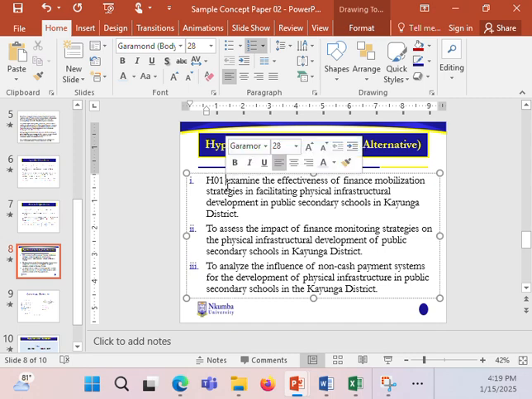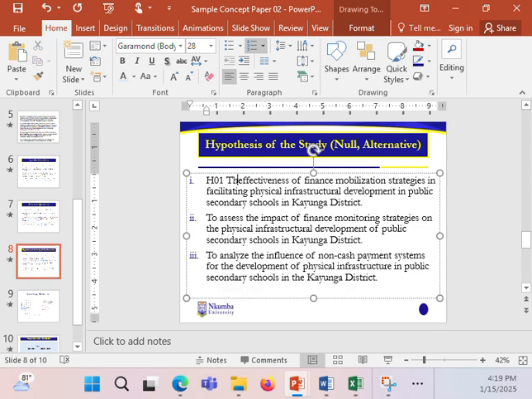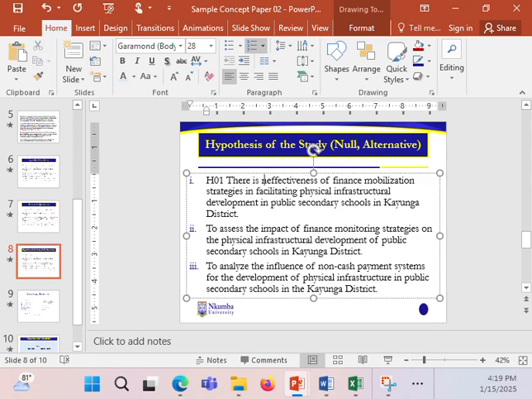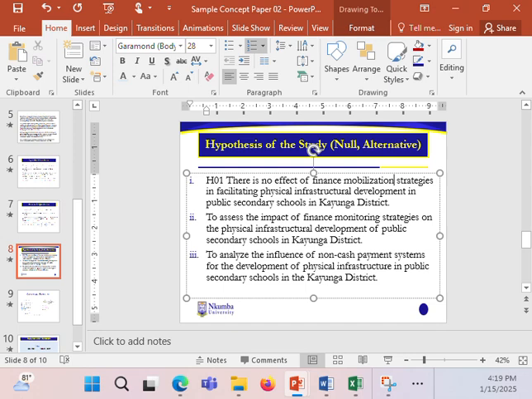So to state the null hypothesis, you say, for example, there is no effect of finance management strategies on that. You have stated the null hypothesis for it.